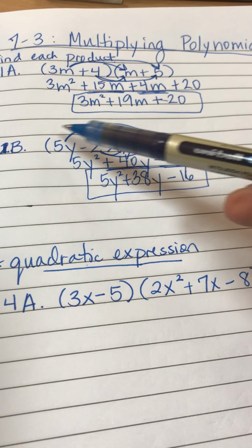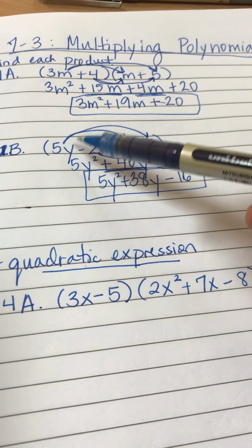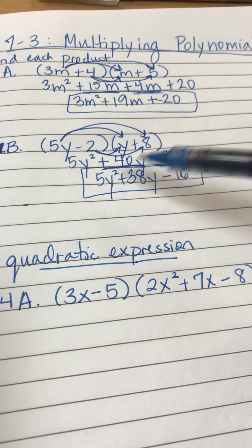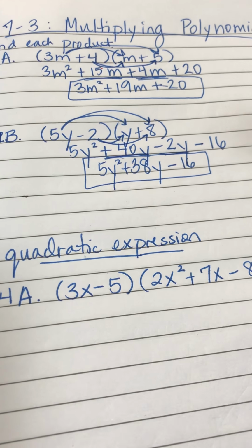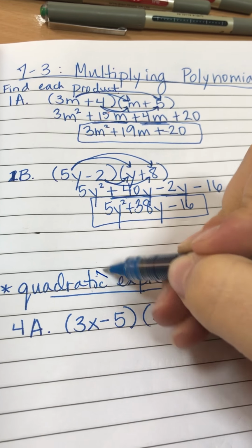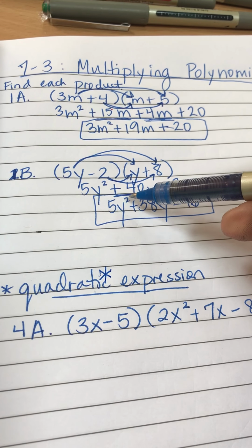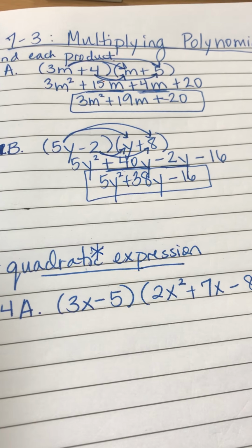Okay, and normally if you're doing a linear by a linear, so a degree of 1 by a degree of 1, you're going to get, actually always, a degree of 2, which is called a quadratic. So if it has a degree of 2 for the polynomial, it's called a quadratic expression.